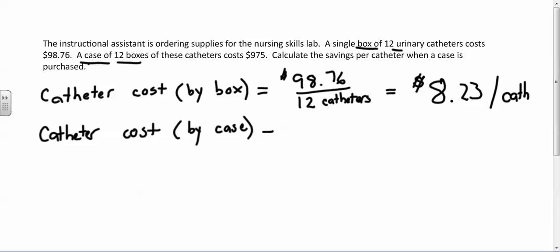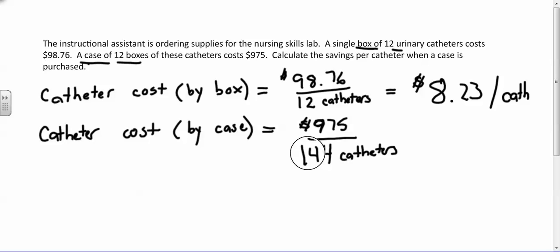We take the total cost, which is $975, and divide it by the number of catheters. But when you buy it by the case, there are 12 boxes of 12. So 12 times 12 is 144 catheters. So you're buying a lot more catheters.